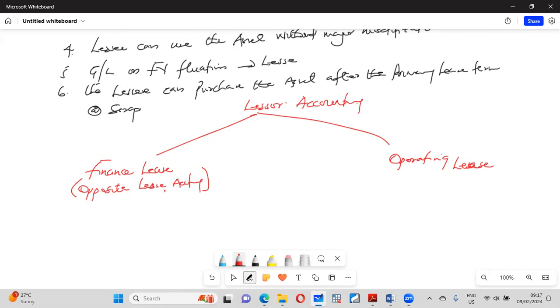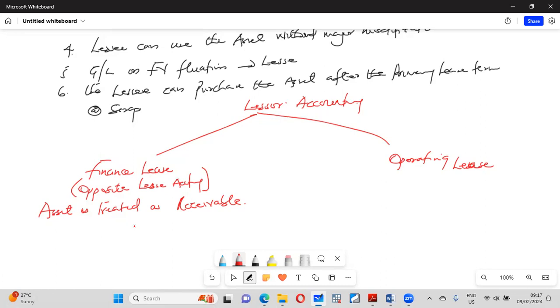All right. So the asset is treated as a receivable.